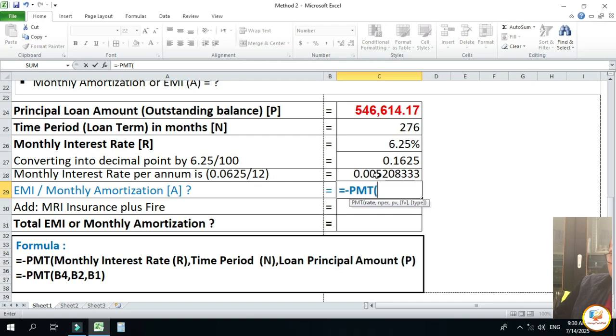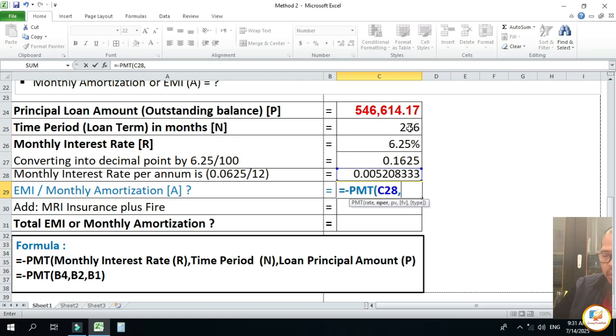Then comma, then the time period, which is here. Just click it here.